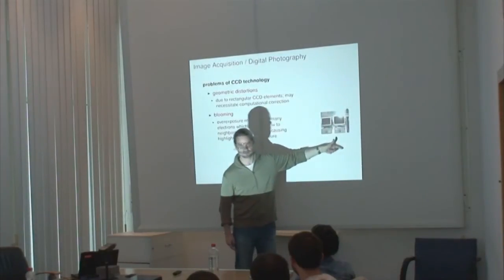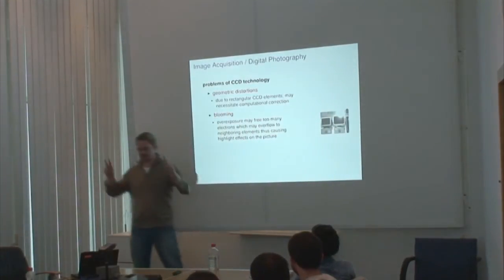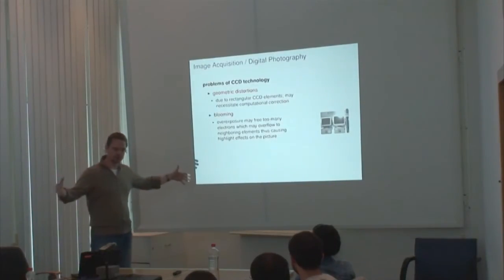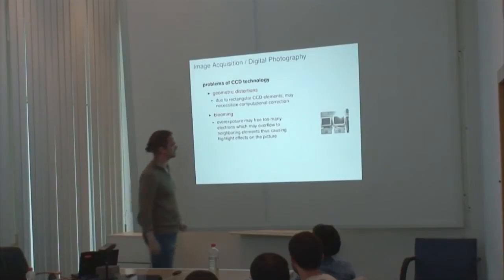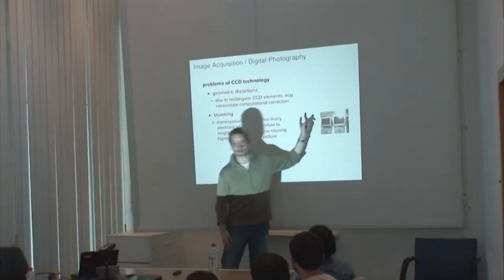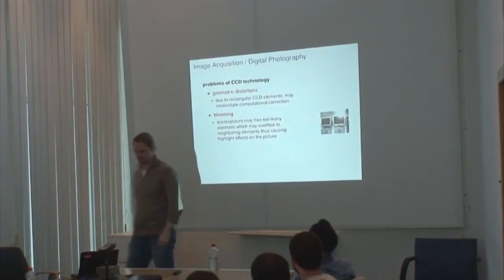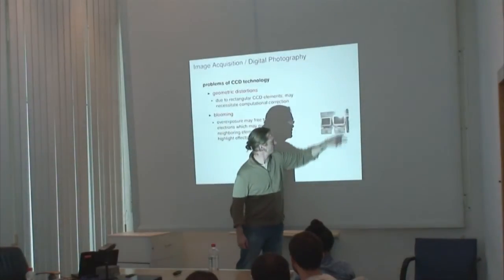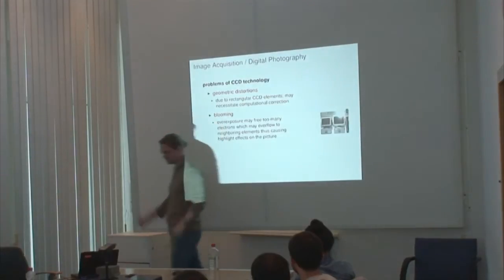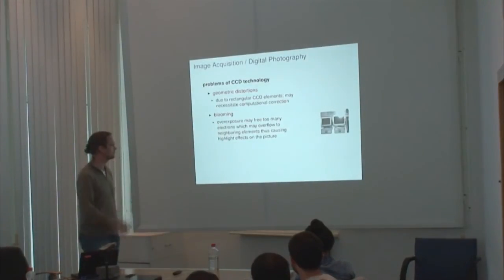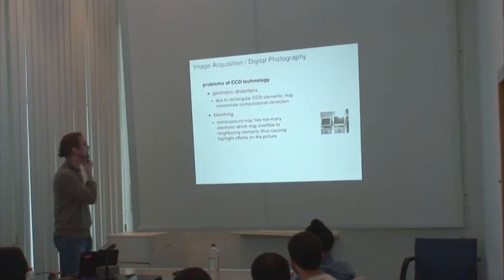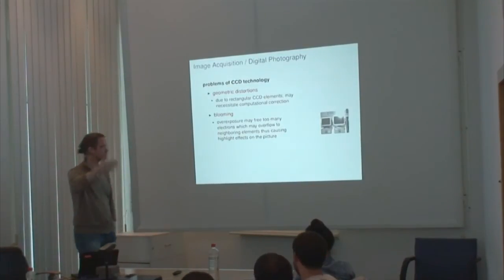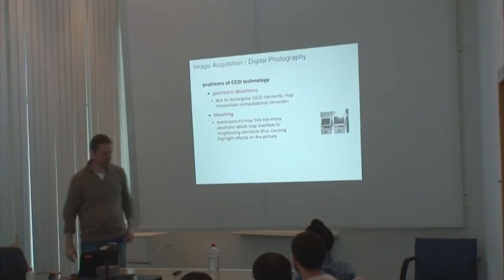So they infect their neighbors. These charges overflow and spread to these neighbors, and this is how we get these crazy lines that look like tiny stars. Lens flare is something else. This is called blooming. Electrons from overcharged elements may overflow to the neighbors.